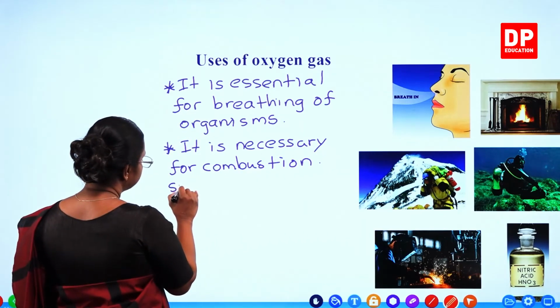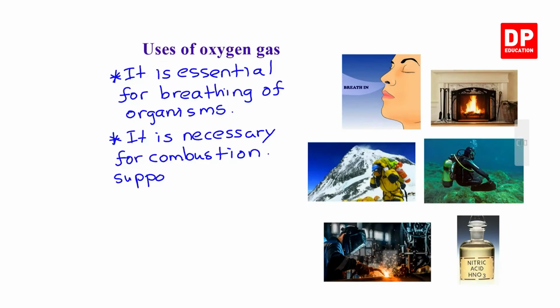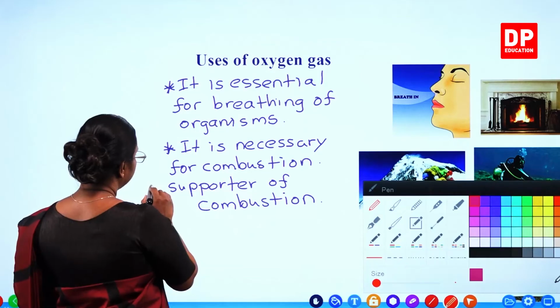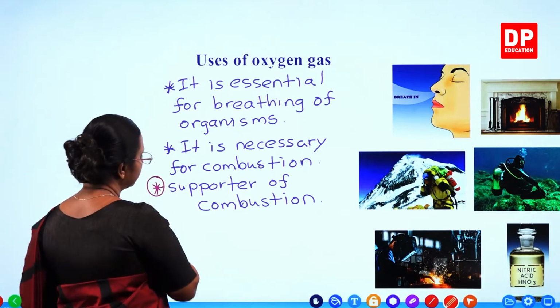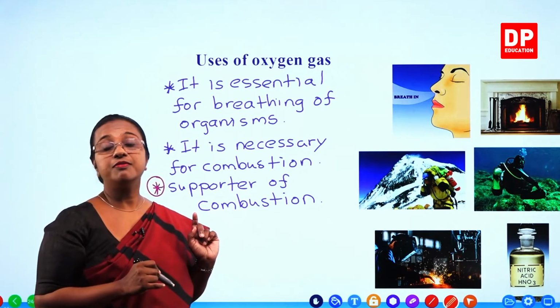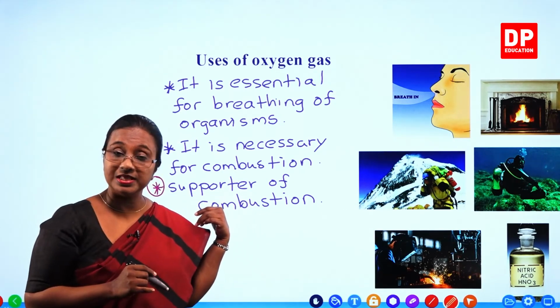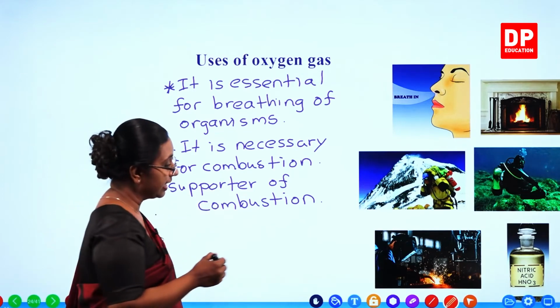That is, it is the supporter of combustion. You have to remember these, students, it is the supporter of combustion. We discussed this with the properties of oxygen as well.